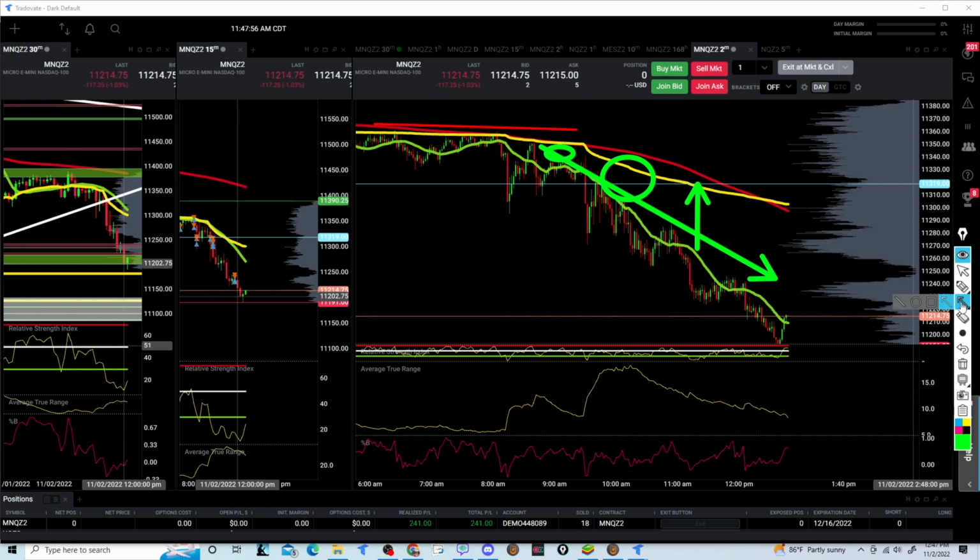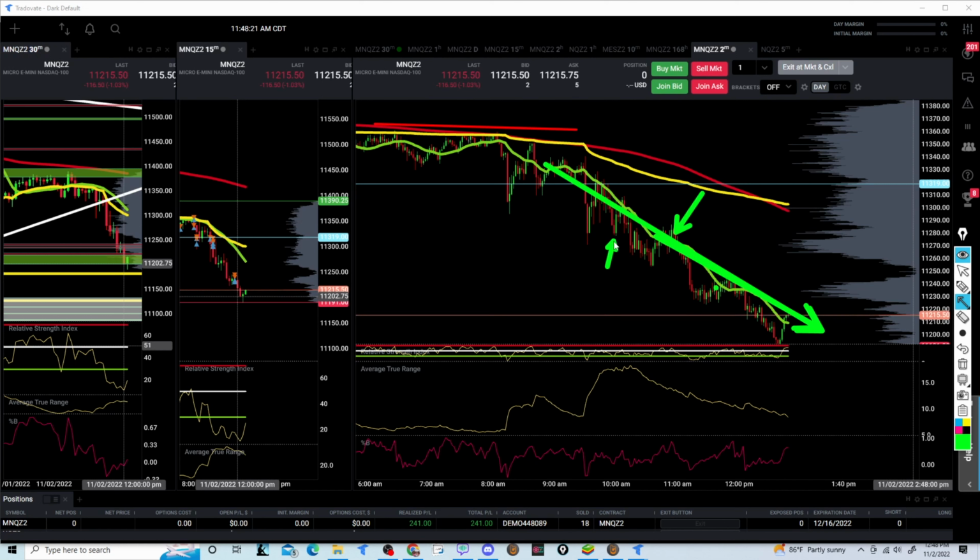You're looking to go short at or near the 20. Even if you got in at the wrong area, the power of the water flowing is too great and you will be carried in the right direction with it. Now if you were trying to buy these dips, you don't know where that power is going to knock it right back out. So never try to buy against the trend of the 20.